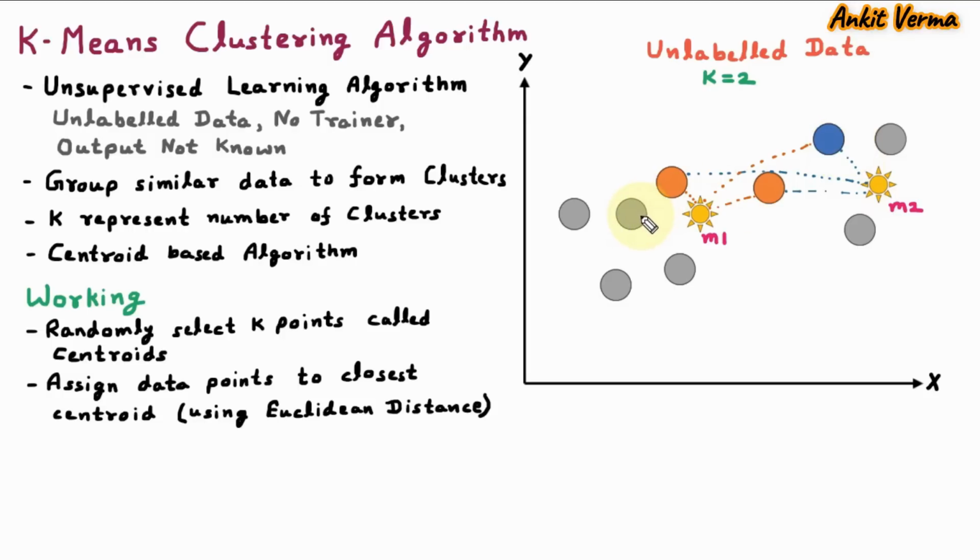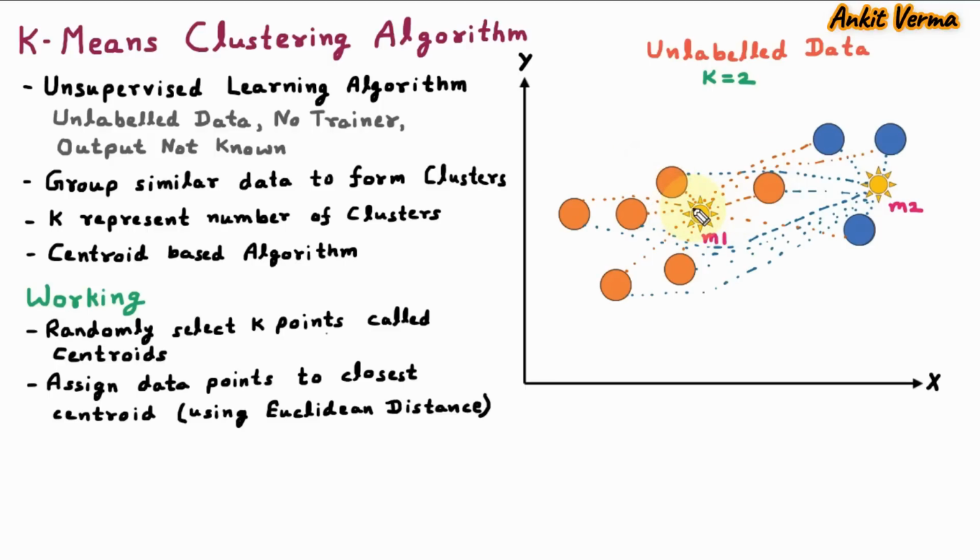The next four data points are near to M1. The next two data points are near to M2. So the distance of each data point is calculated with both centroids.